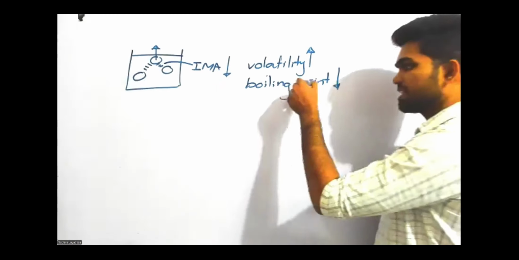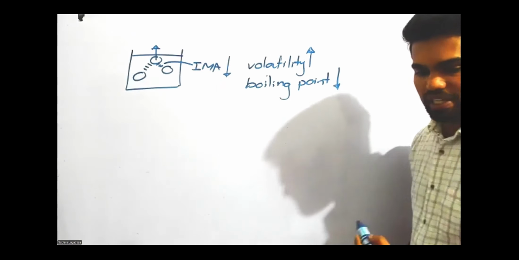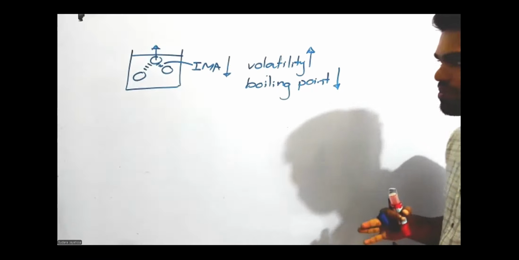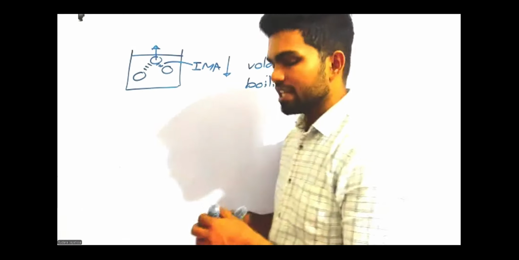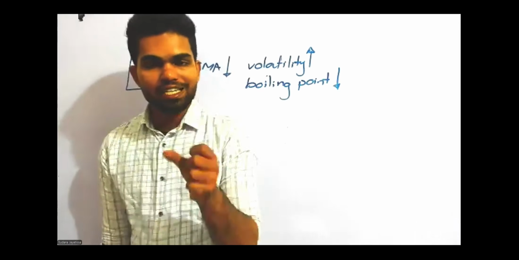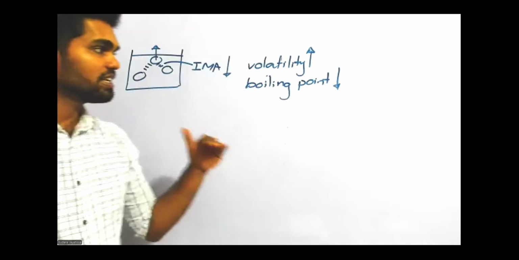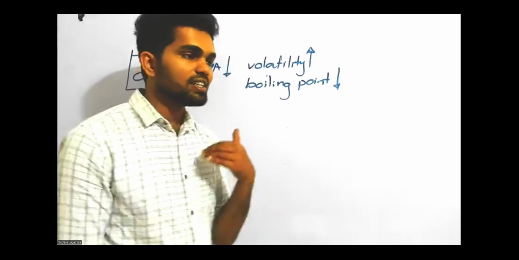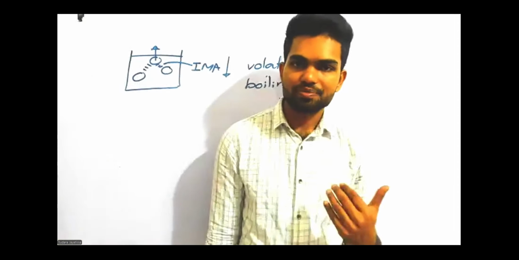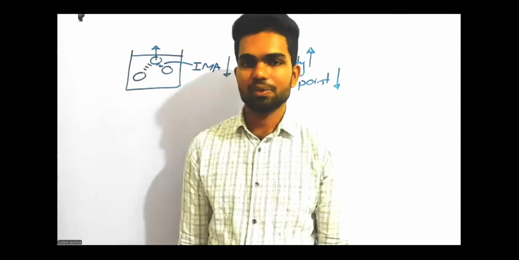Later we will discuss what boiling point is. But just know, boiling point and volatility both depend on the intermolecular attractions. If intermolecular attractions are weaker, it is easier to vaporize, and it has a lower boiling point. Try to understand that. Don't memorize.